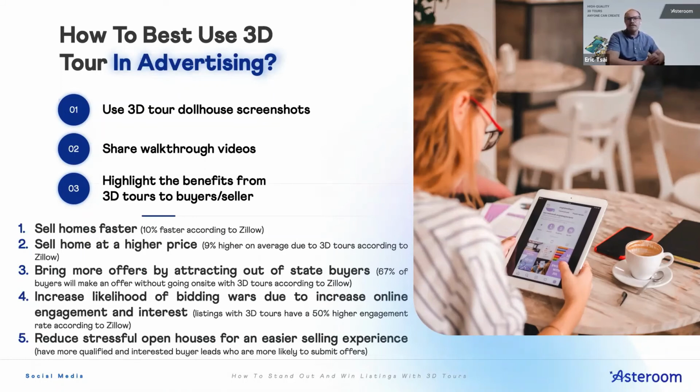Next is start downloading and using your walkthrough videos. Whether you edit them and add in small portions of other videos or use the entire video, this is a great video to leverage. Oftentimes video ads are played muted, so visuals like this that don't need a lot of words are a fantastic option to use in your ads. And with this kind of video, you're going to really stand out versus other realtors that maybe filmed themselves walking through the property, for example.